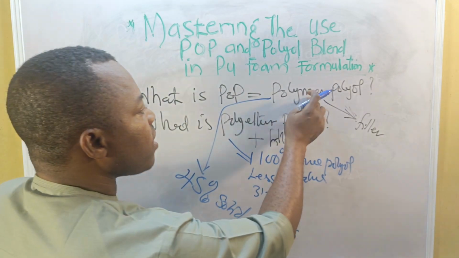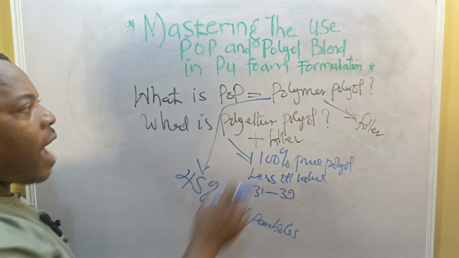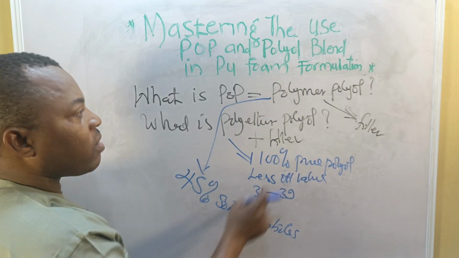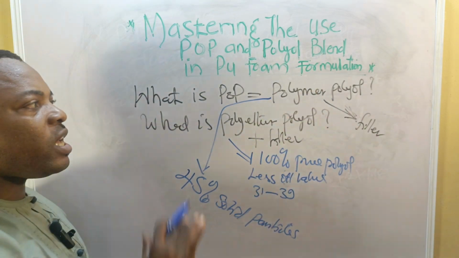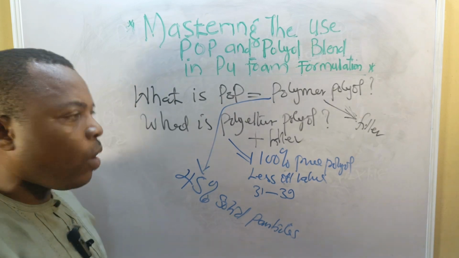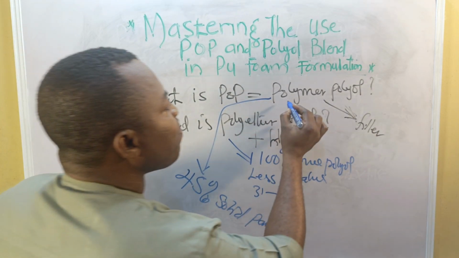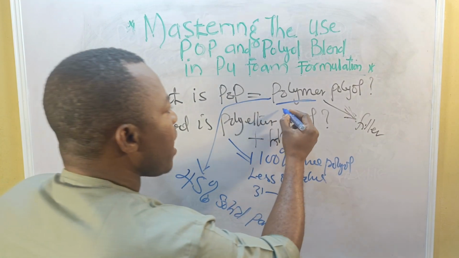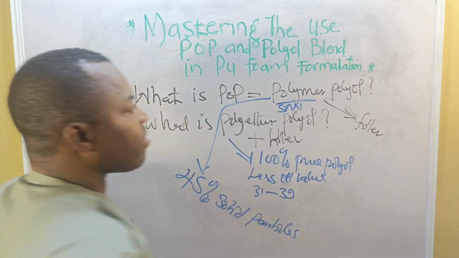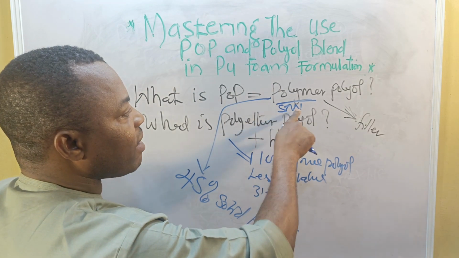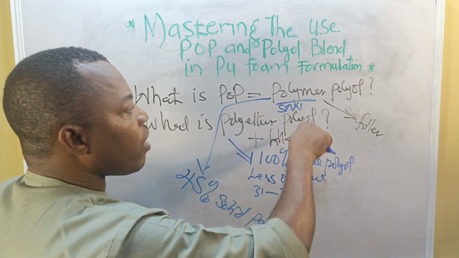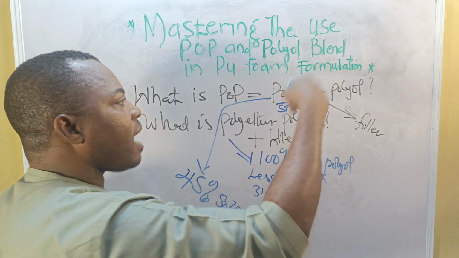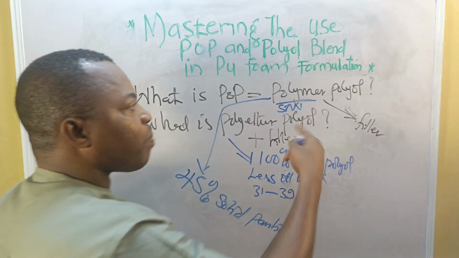It is dispersed in this polyol, and because of this solid particle dispersed in this polyol, it is called polymer polyol. The word polymer here means what we call SAN, styrene acrylonitrile. It is a non-reactive polymer that has been dispersed in this polyol.